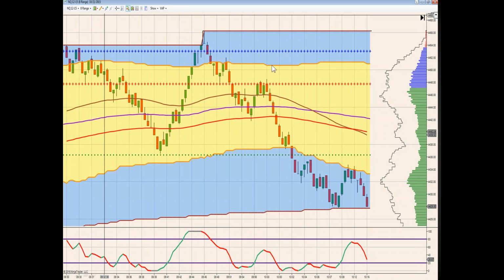So when I said that this is the first high value area for today, right here where it's yellow, the red here for me is yesterday's first high value area, and then this is yesterday's second. So that would be the equivalent of this line here and this line here for yesterday. This green dotted line is the point of control for yesterday.